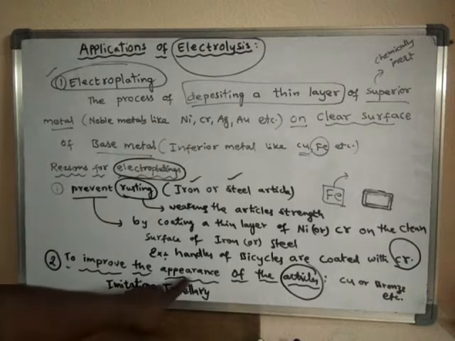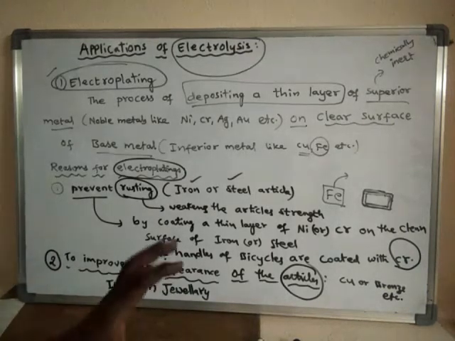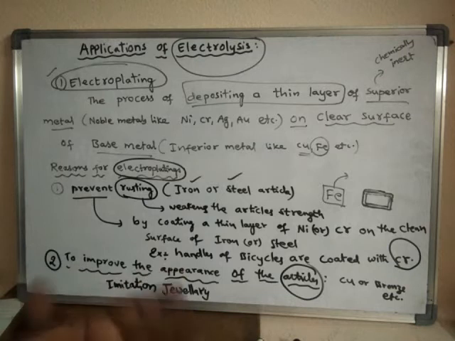The appearance of that jewelry will be improved, and everyone will like it. That is why copper or bronze or any other articles made up of cheap metal are electroplated with either gold or silver, particularly in imitation jewelry.